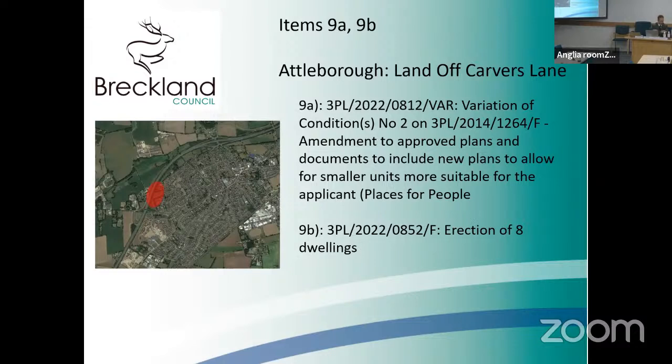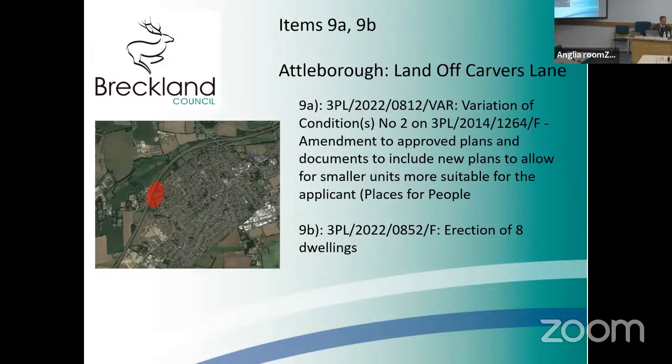So what we're now looking at is two applications relating to that same site. One seeks to amend the approved layout, house types, landscaping, etc. We've also got a full application for the erection of 8 dwellings. We'll discuss them as one as I go through it, but we'll need to make two decisions on them in due course.